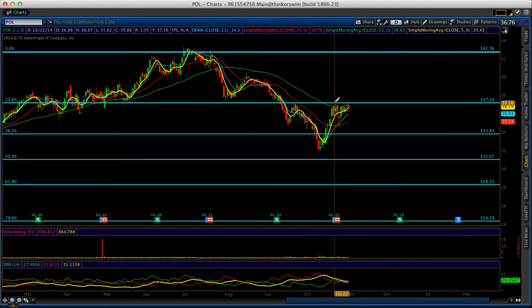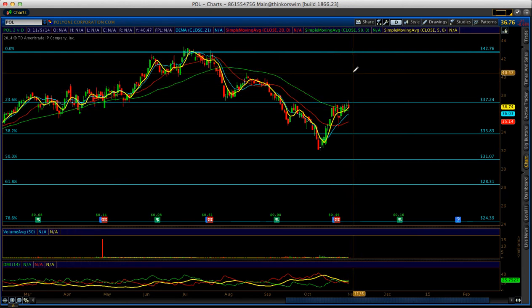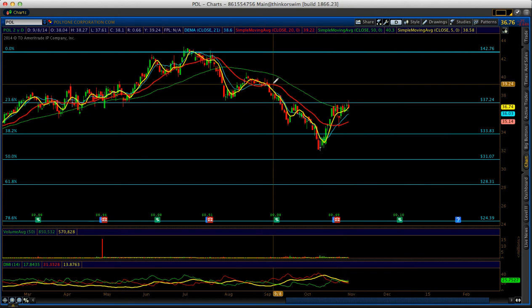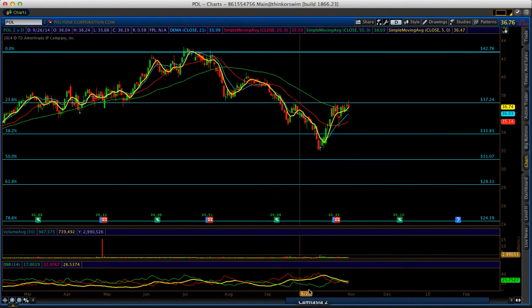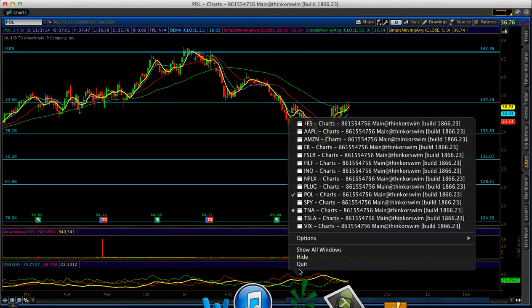So if we get a breakout, being DMI bullish and strong, I think there's no major resistance here until 40, and then probably 42, which is a Fibonacci resistance. I like this stock. You should put it in your watch list, because this one is bullish, and I'm gonna enter long if you break out the 37.24.